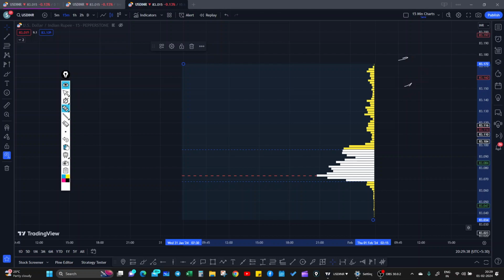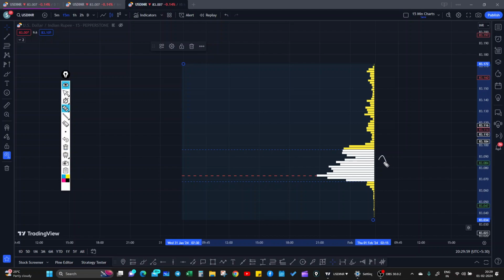It just indicates to you. This indicator, volume profile, tells you where the overall market has spent the maximum amount, and what is the point where the market has not spent.